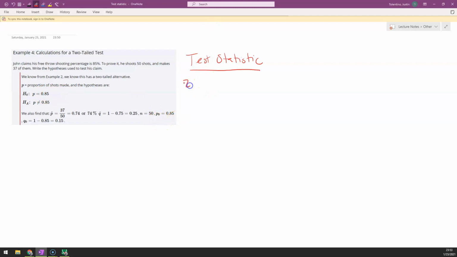That formula is p hat minus p naught, which is the p from our null hypothesis, over the square root of p naught q naught over n. So we have all the values here listed out. Our p hat would just be 0.74, which comes from the 37 successes out of the 50.